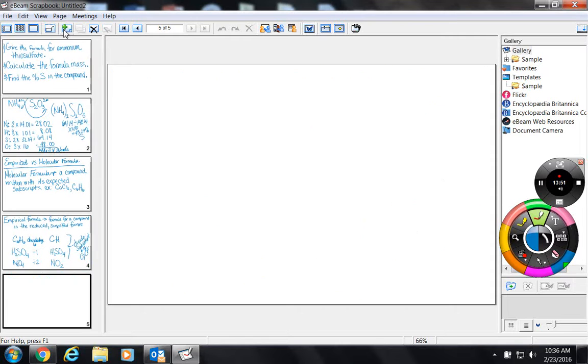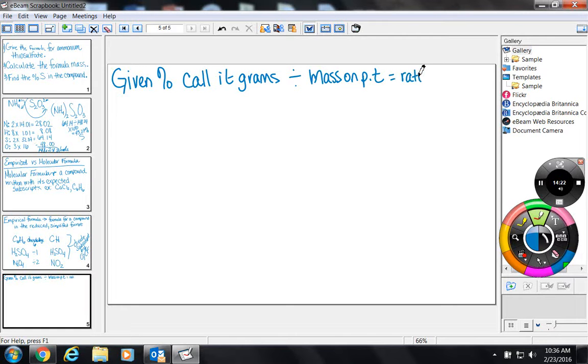You're going to be given percentages. You'll be given a percent. You're going to call it grams. You're going to divide by the mass from the periodic table. All right? You're going to get some ratios. Divide by the smallest ratio.